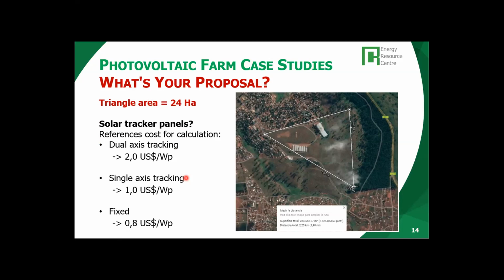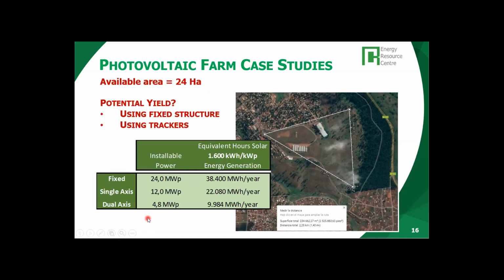Yes, fixed, $0.8 per watt peak. It means that we considered 24, about $30,720. So you do 24 times 0.8.